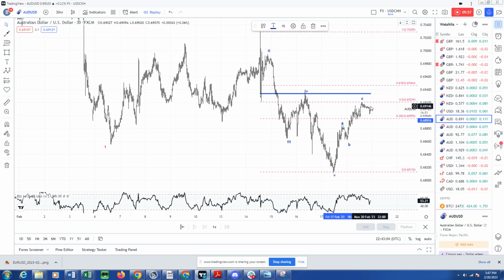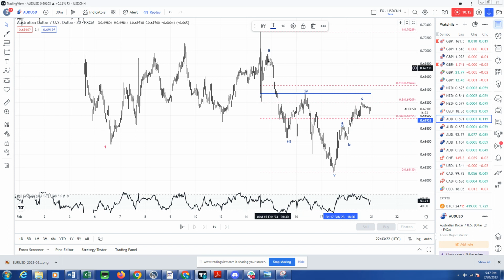So I think we could be short Aussie at 69, or start building a short Aussie position at 69.15, 20, little by little, adding a little bit, protecting against a break above this level.